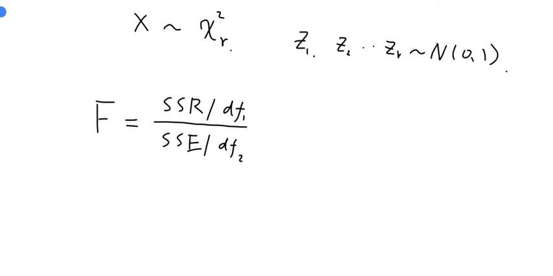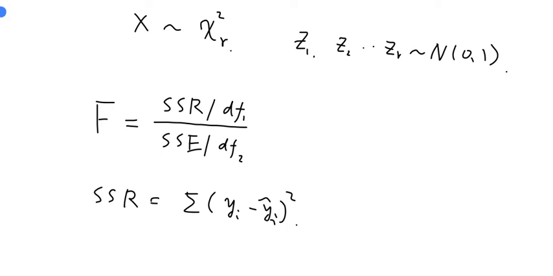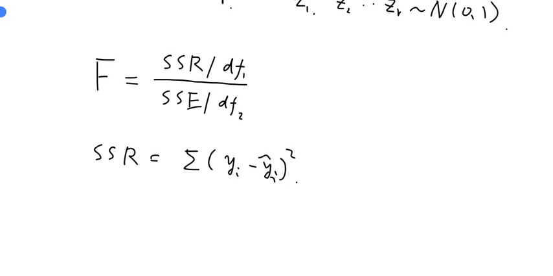SSR equals the summation of yi minus yi hat. Let's say we claim those things, divided by the standard deviation, are just like a normal distribution.